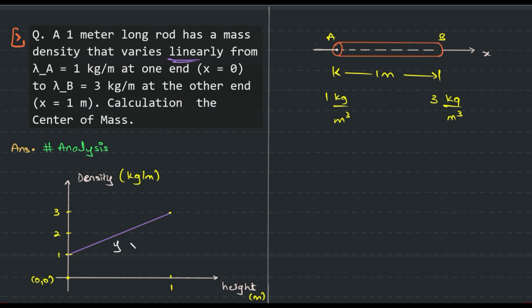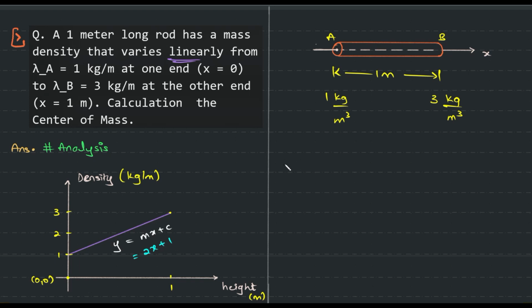And this as an equation can be represented as, correct, y equals mx plus c. Here the slope is, for 1 unit, there is 2 increase, so 2x, and the y-intercept is 1. So 2x plus 1. You should be able to write this.